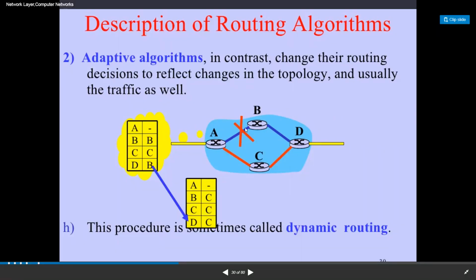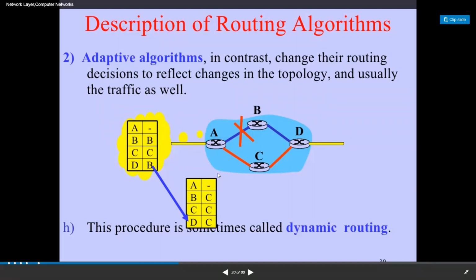It is having congestion. It is having traffic. That is the reason why we have chosen a different route to go from A to D. The route will be A to C and C to D instead of A to B and B to D. See here, A to D changes from B to C.